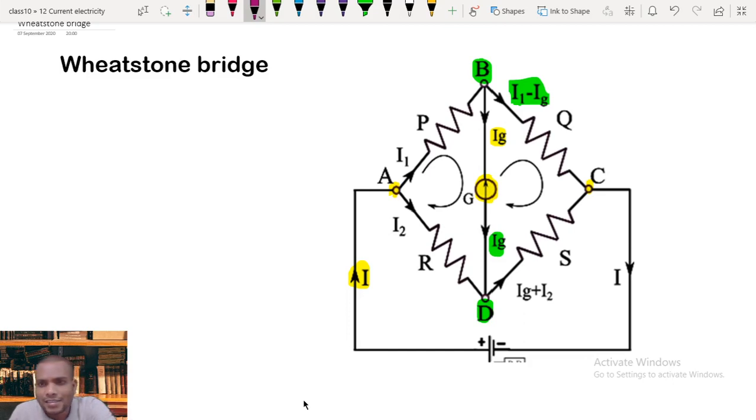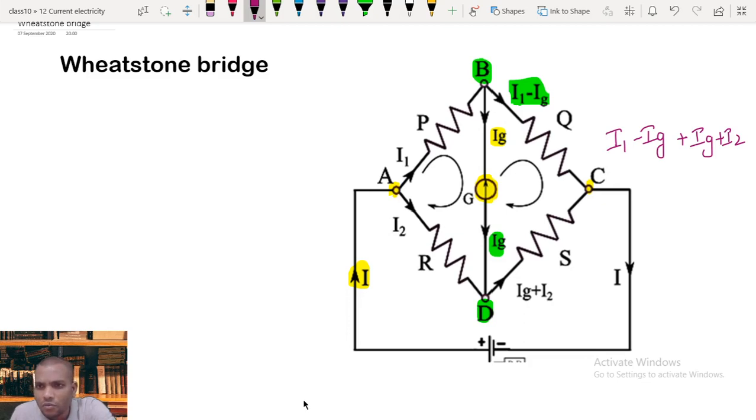Now finally at C, the current coming from arm BC is I1 minus IG, plus the current coming from arm DC, IG plus I2. So that is the total current at junction C.